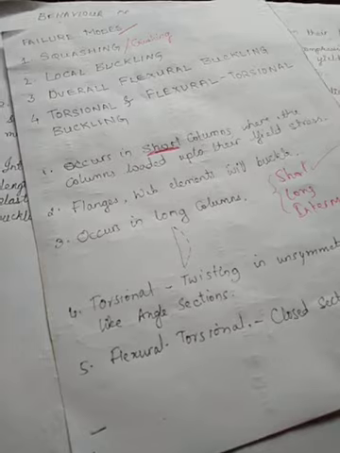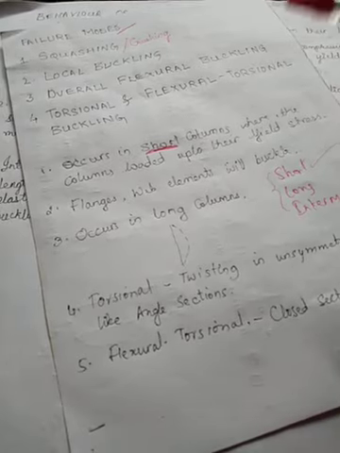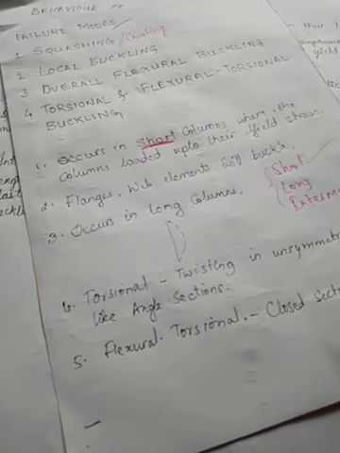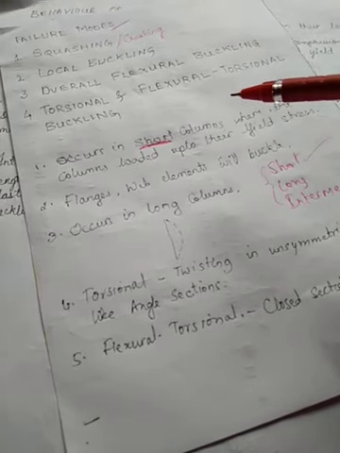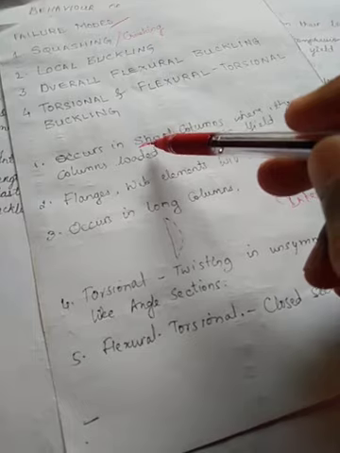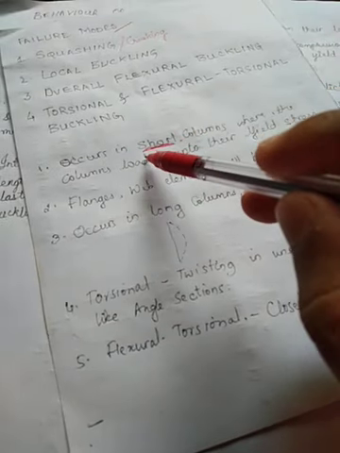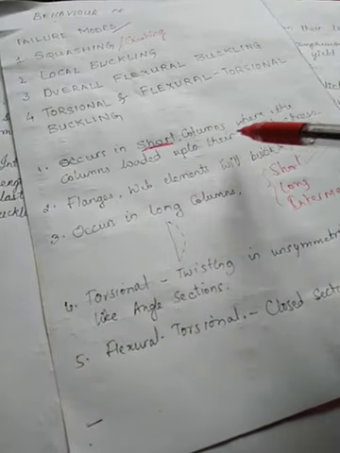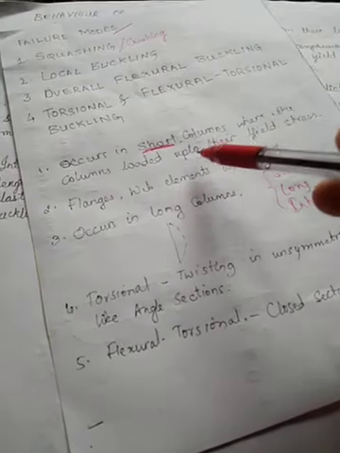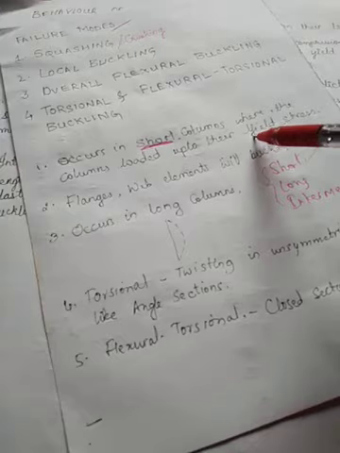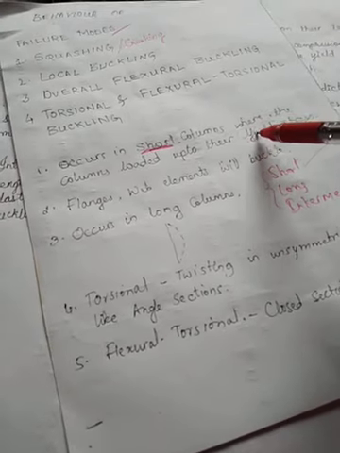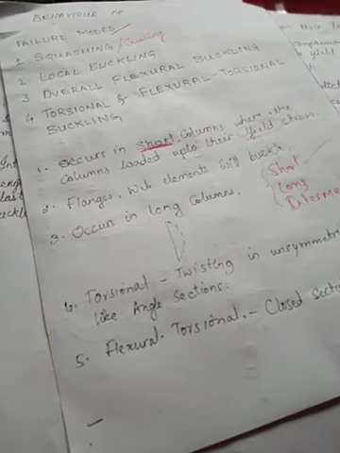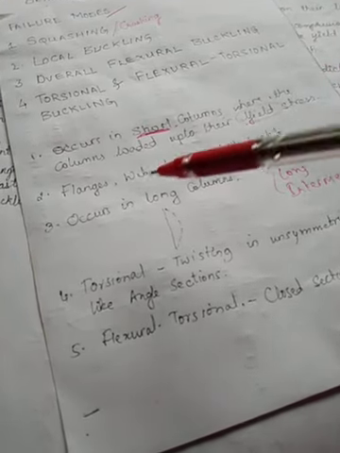We will find the yield strength of that material. If it yields, then the material starts failing. It is the same concept we follow here also. So in short columns, where the columns are loaded up to their yield stress, if the squash load is more, then the column fails by squashing or crushing.